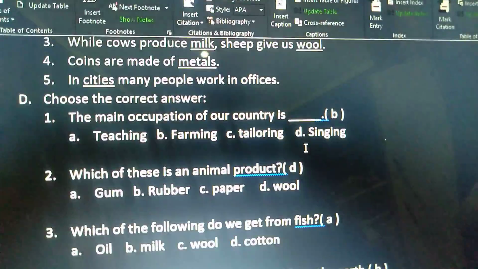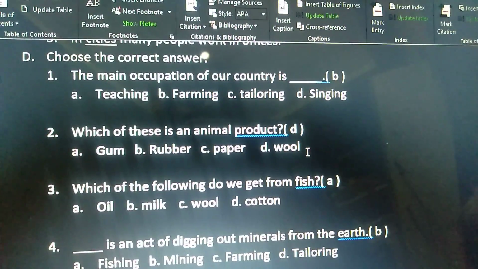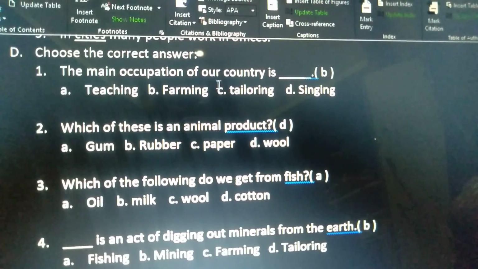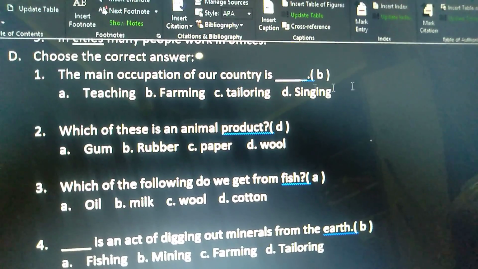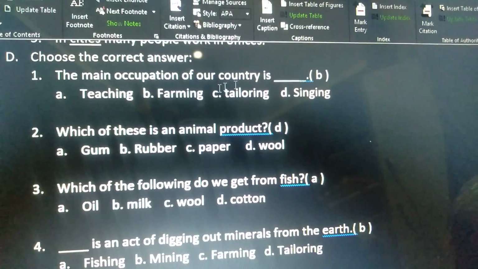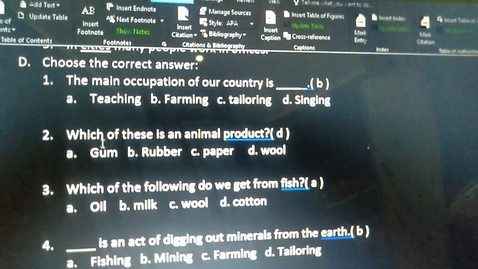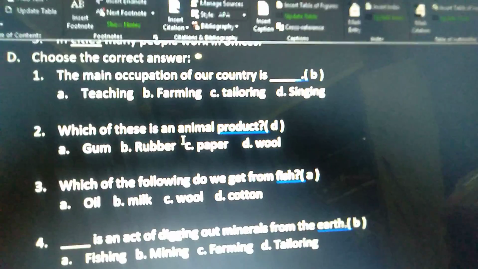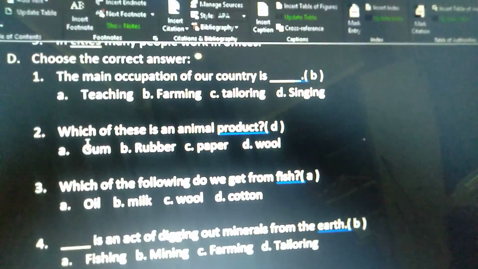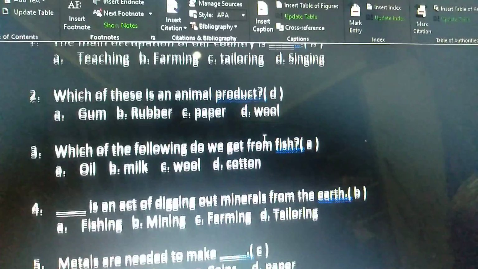Again, I am going to repeat, choose the correct answers. You read along with me, children. The main occupation of our country is farming. Second one. Which of these is an animal product? Wool. Wool is an animal product.